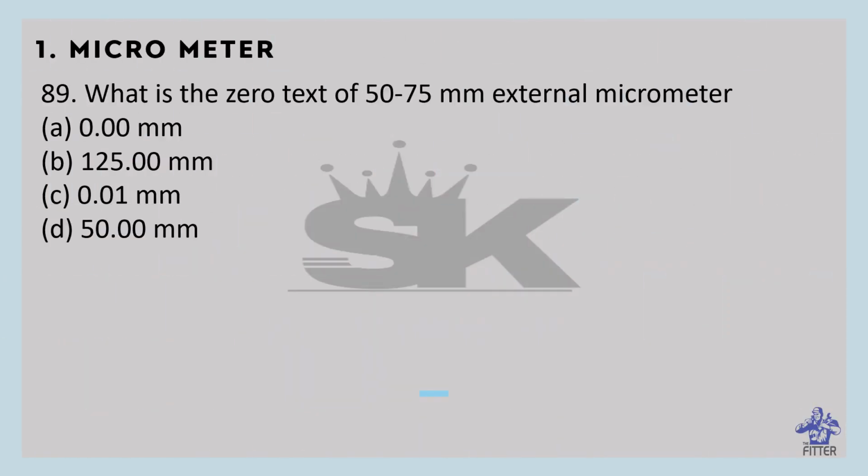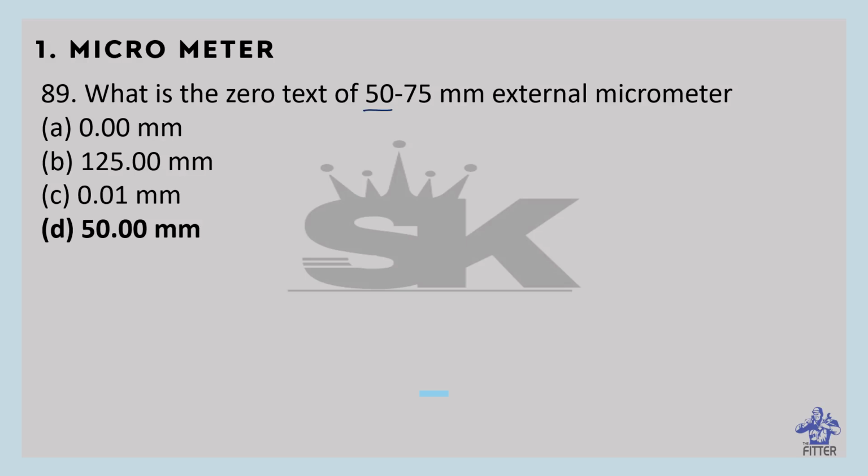What is the zero reading of a 50 to 75 mm external micrometer? Here that is 50 mm. So the zero reading of a 50 to 75 mm external micrometer is 50 mm. The base value, the starting value, is 50.